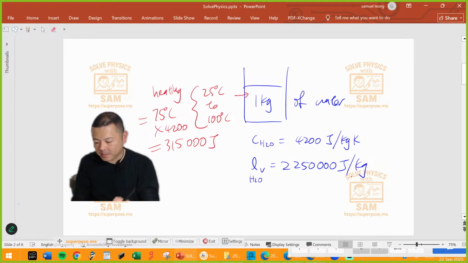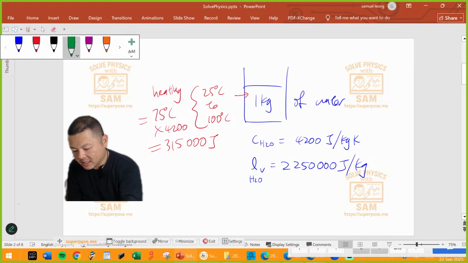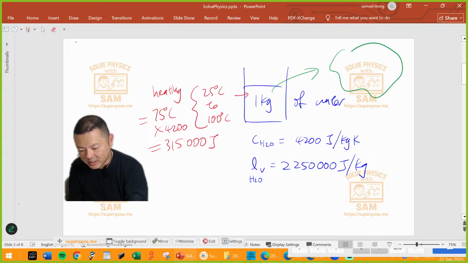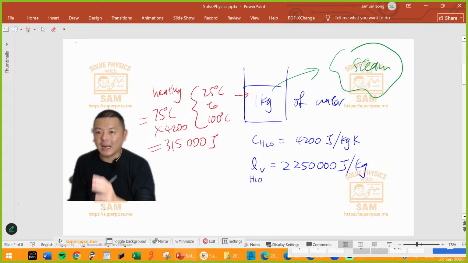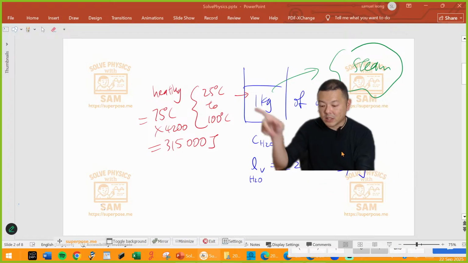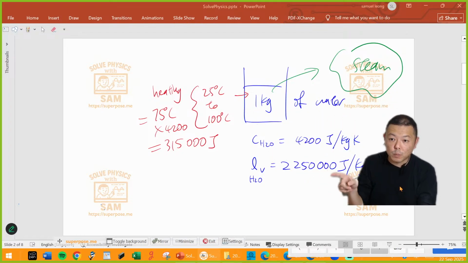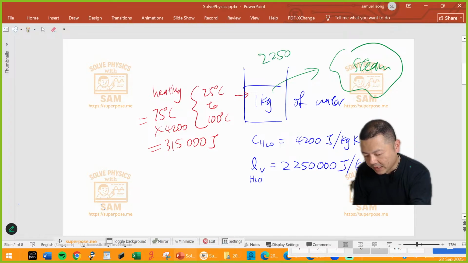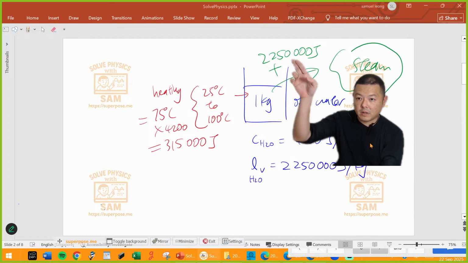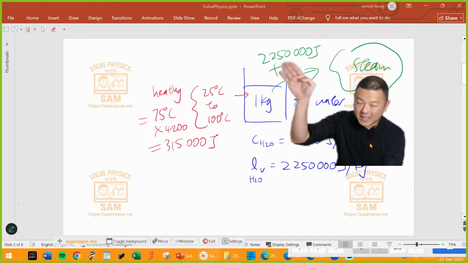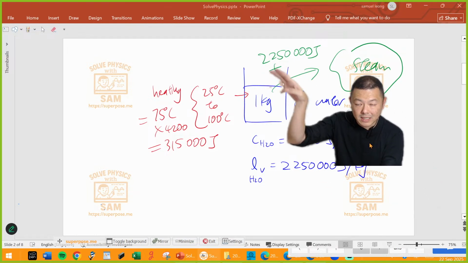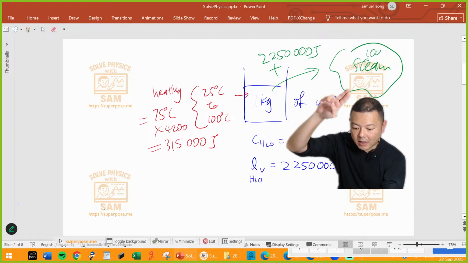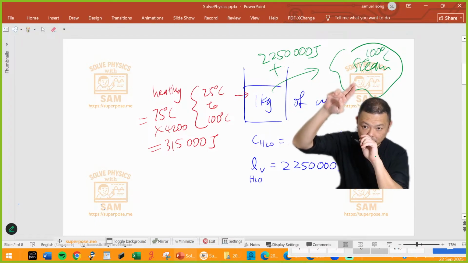But how about steam? If you want to convert this 1 kg of water into steam, how much energy do we need? Since we have 1 kg of water, we need 2.25 million joules of heat to convert water into steam at 100 degrees Celsius.